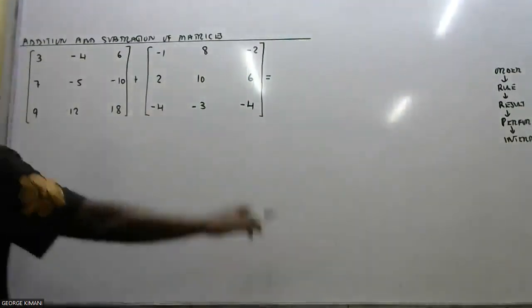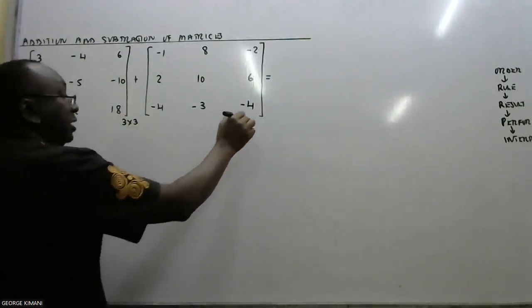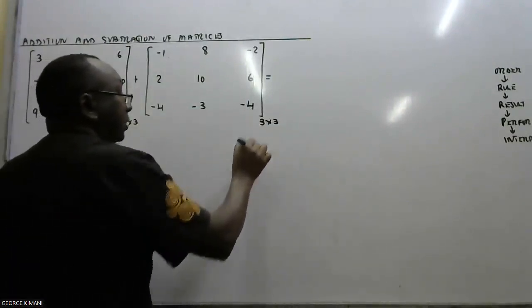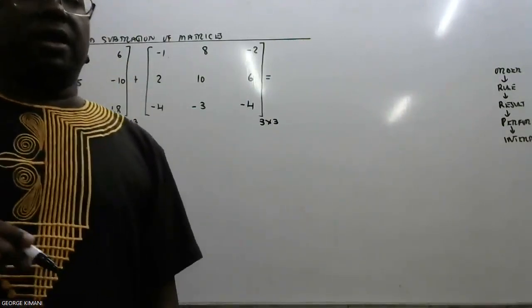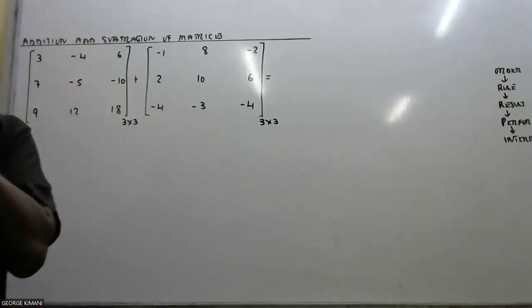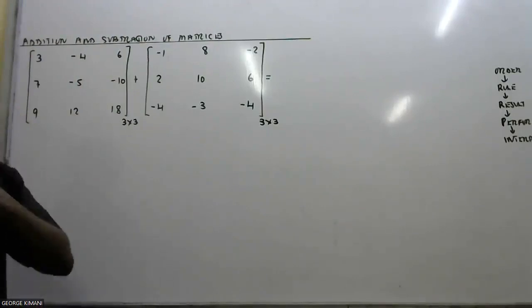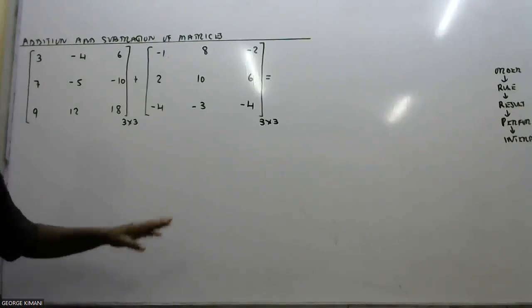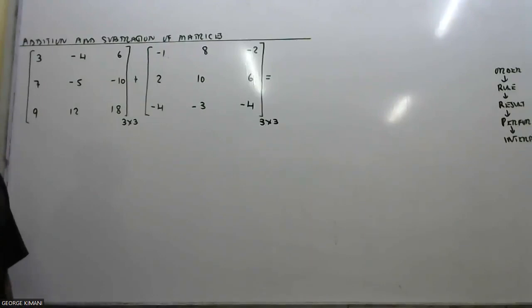So the first thing, as we have said, you check the order. These are 3 by what? 3, and these are 3 by 3. So that's the first thing. You check the order of the matrices. The second thing, you check whether the rule has been satisfied. And I've said the rule is you can only add matrices if they are the same order. So are these of the same order? So if yes, then you seek to know the result. You get a matrix that is of the same order as the ones that you're dealing with.